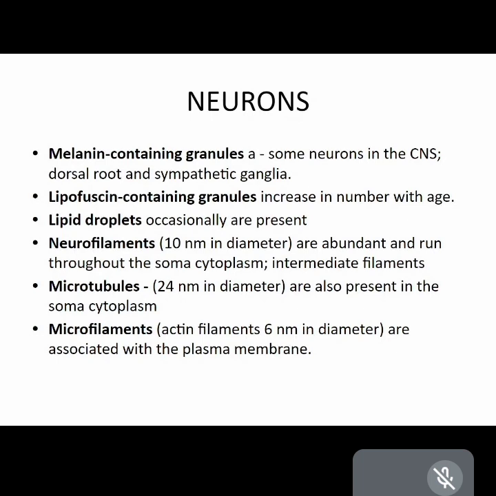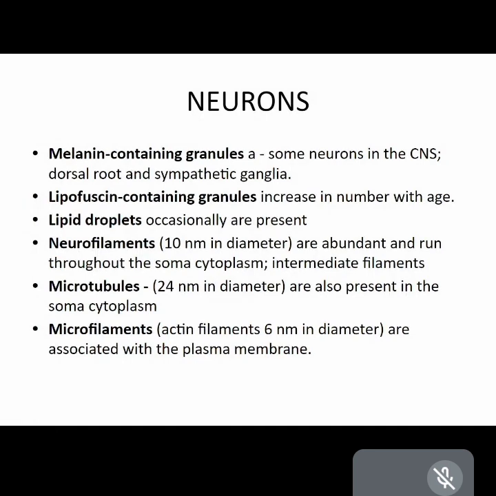Melanin-containing granules are found in some neurons in the CNS, and dorsal root and sympathetic ganglia. The lipofuscin-containing granules increase in number with age. Lipid droplets usually are present.